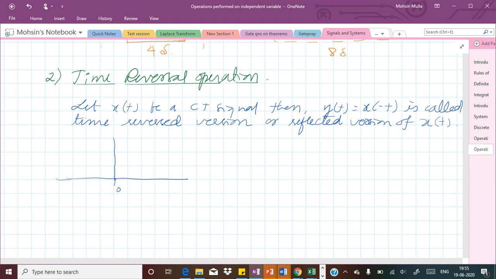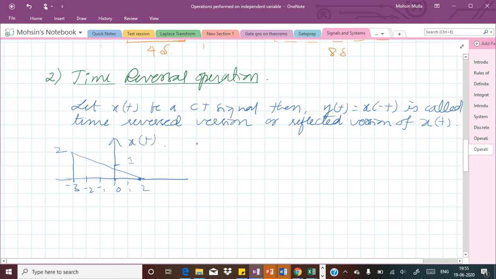Say there is a signal that exists between -3, -2, -1 and goes to 0 at instant 2, with a magnitude of 2 here and a magnitude of 1 here. This is the signal x of t.